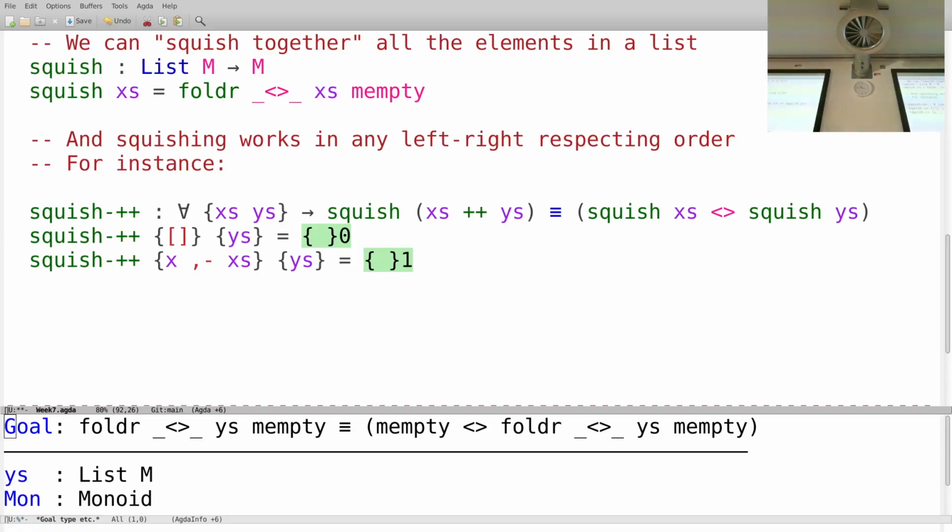So our left-hand side is simplified. Our first part and right-hand side are simplified a lot. This hasn't changed because it had nothing to do with xs. But now we see that what we're asked to prove is that mempty combined with something is then something, right? So is this mempty this way around?